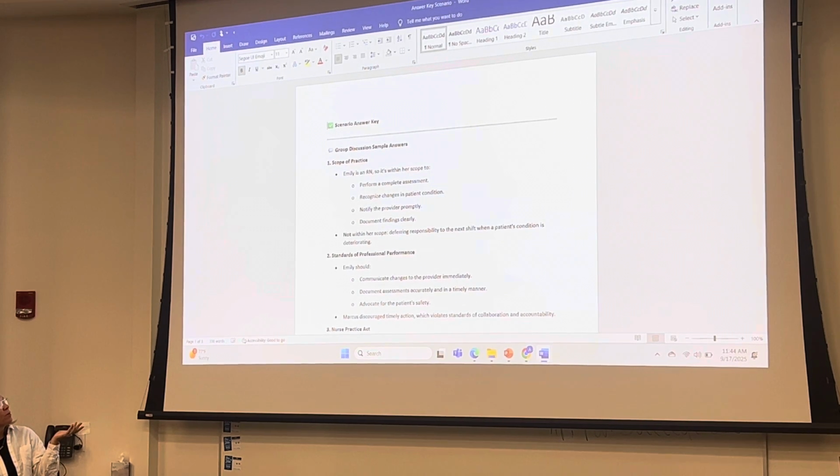It's also part of our scope and responsibility to notify the provider and then to document the findings clearly. Just repeating all of those things we already said, that's within our scope of practice. Not within our scope is deferring responsibility to the next shift while a patient's condition is deteriorating.